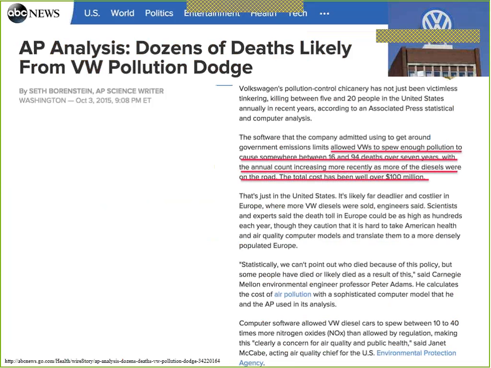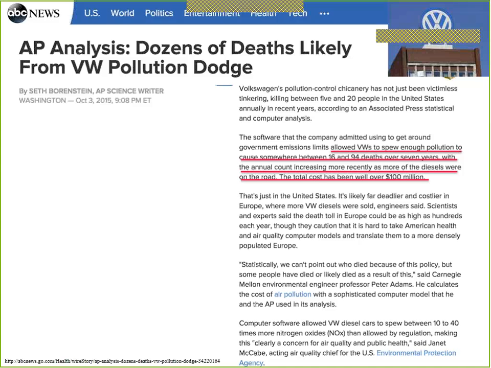This is some language that came out after the exposure of this problem in reporting of emissions. You might notice I've underlined here in red some estimates on the additional VW emissions that allow VWs to spew enough pollution to cause, note the word cause, somewhere between 16 and 94 deaths over 7 years and so on.